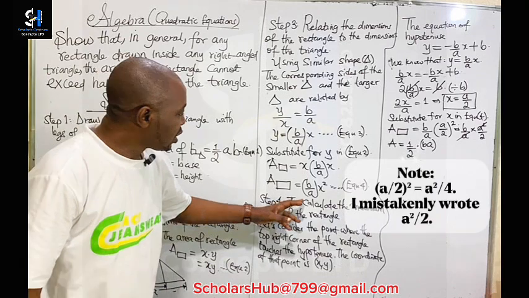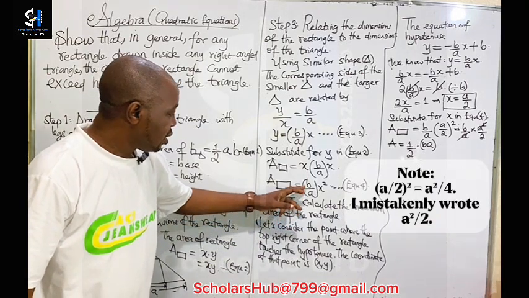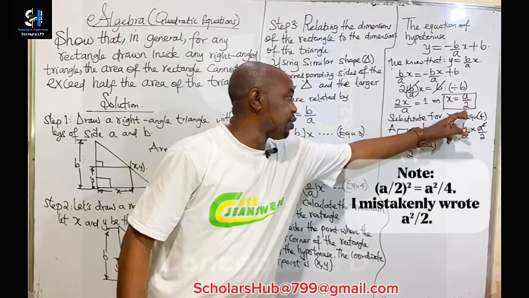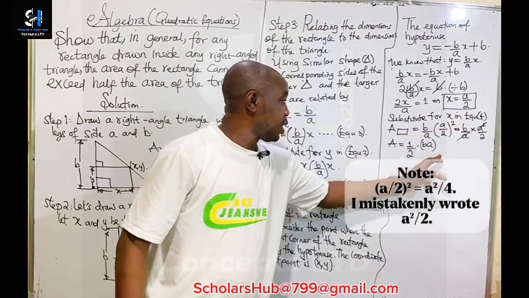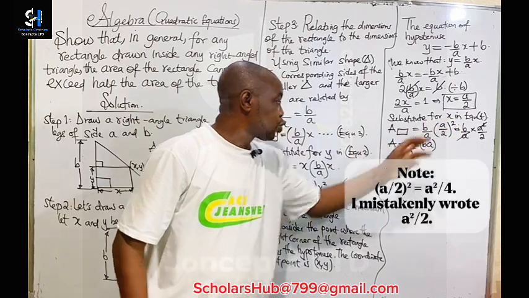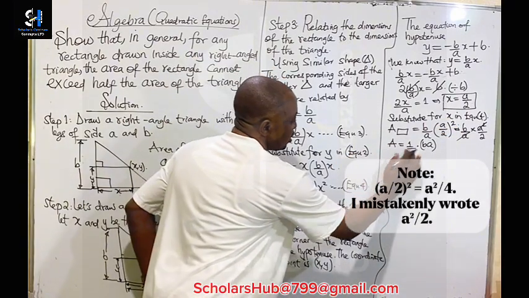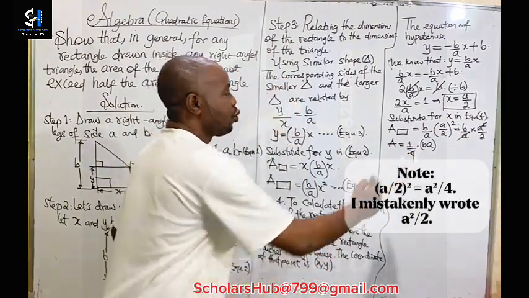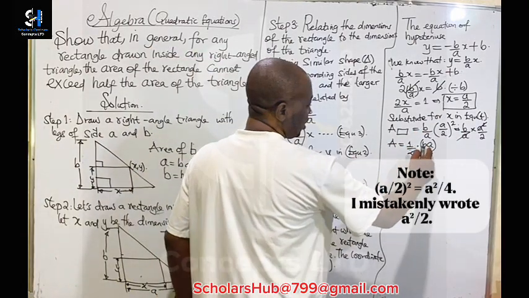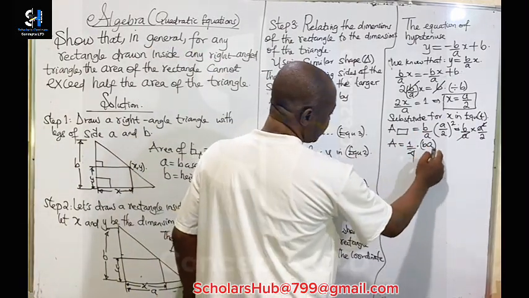Now we have b over a times x squared, and x squared is what? x is a over 2, so we have a over 2 raised to the power of 2, and that'll be a squared over 4, I beg your pardon, a squared over 4. So when a cancels a, we'll be left with a, so this will be 1/4 times AB.